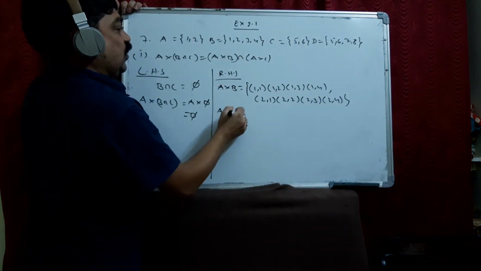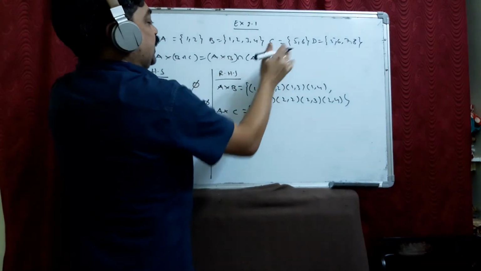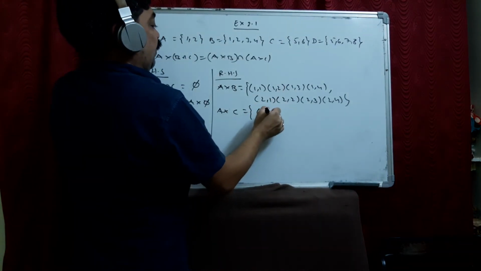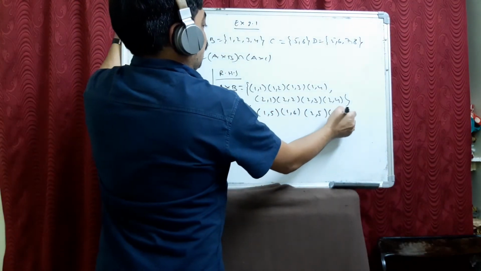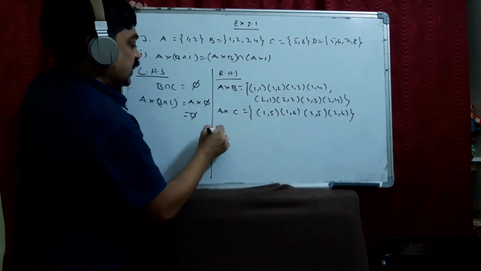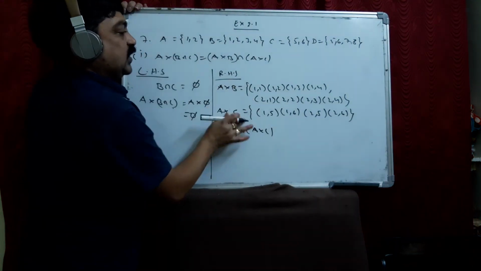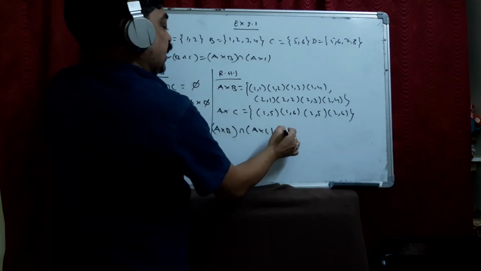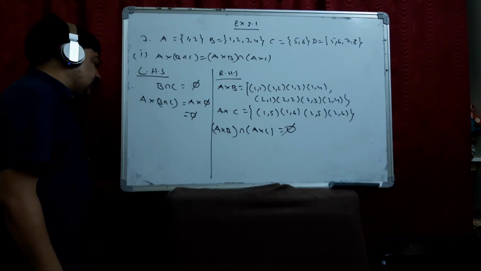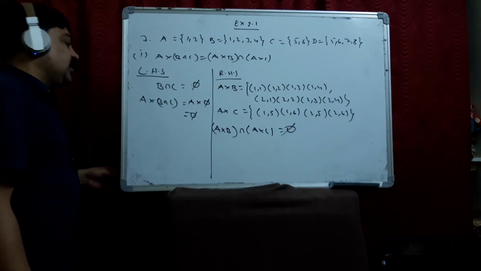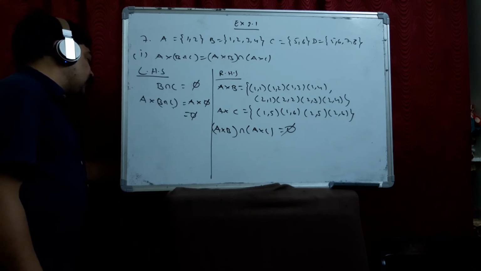Now, what is A cross C? 2 elements here, 2 elements here, total 4: (1,5), (1,6), (2,5), (2,6). So, what is (A cross B) intersection (A cross C)? What is common among these two? There is nothing common, so it is empty. So, LHS is equal to RHS. In the same question, they ask us to check if A cross C is a subset of B cross D.